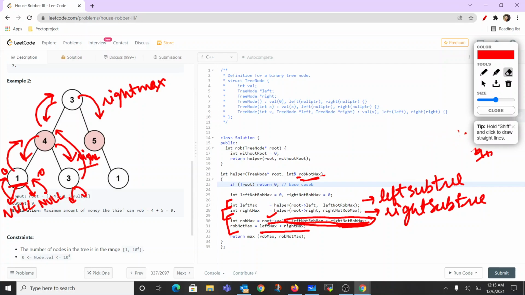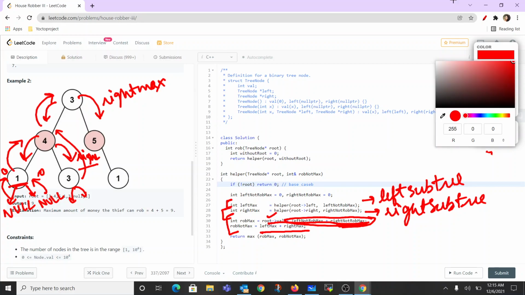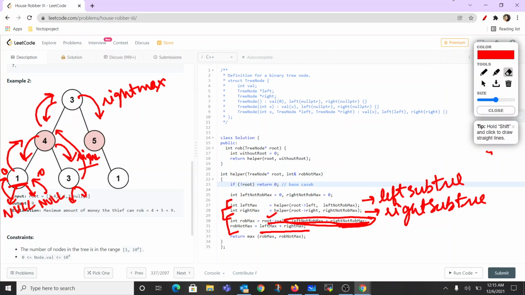Then comes the part for this particular rob not max. It will be simply including the values without the present node, that is only its children. That is when we are having this 4 and then 3, and here it was 3, right?